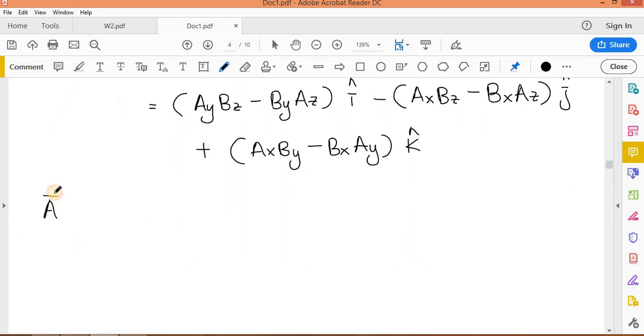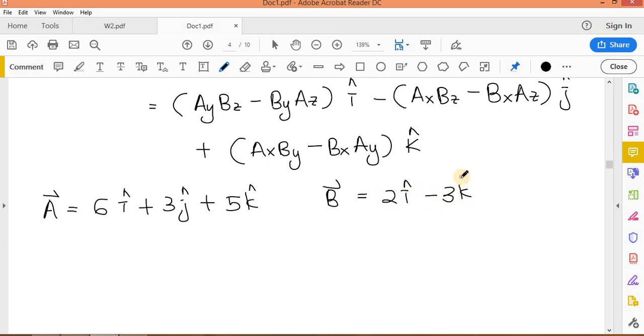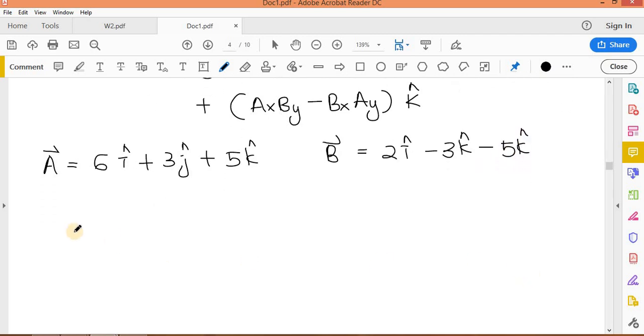If I give you my A, and my B is, find the cross product for vector A and vector B.